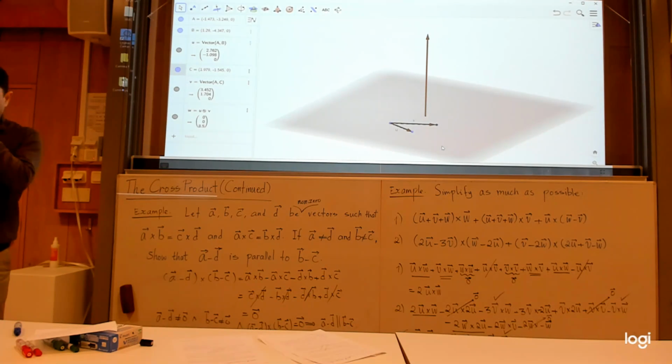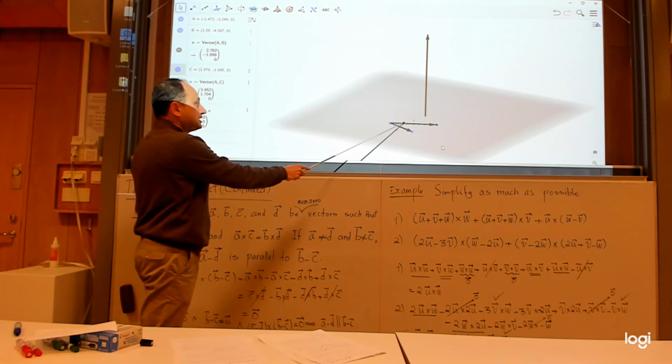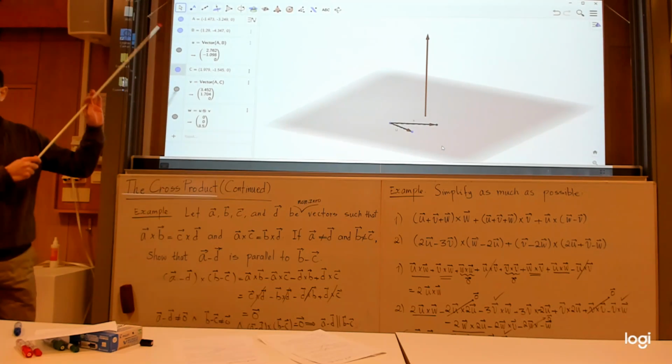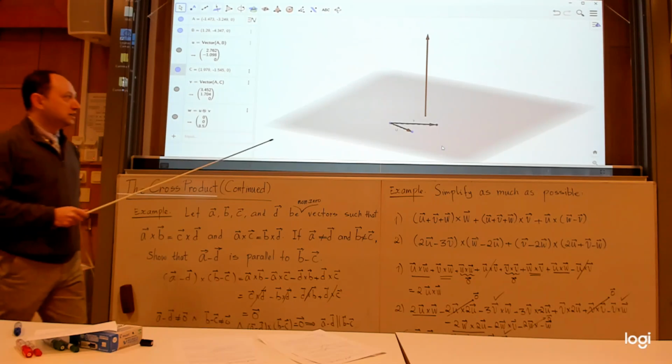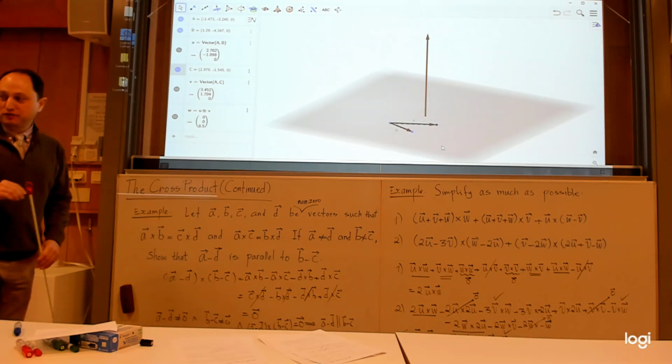And now, my question for you is, what is your intuition? If I start increasing this angle, what will happen to the length of that cross product? Is the question clear? I will try not to change the length. I don't know if I can do it or not.